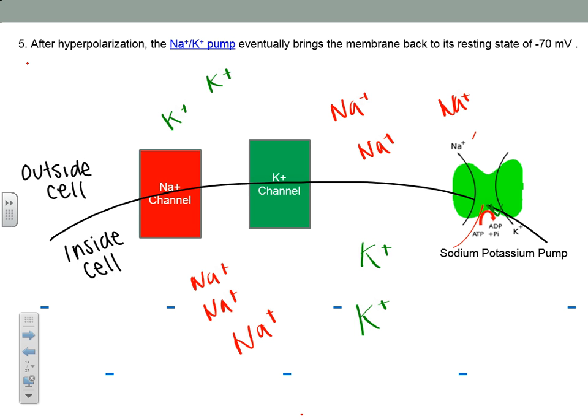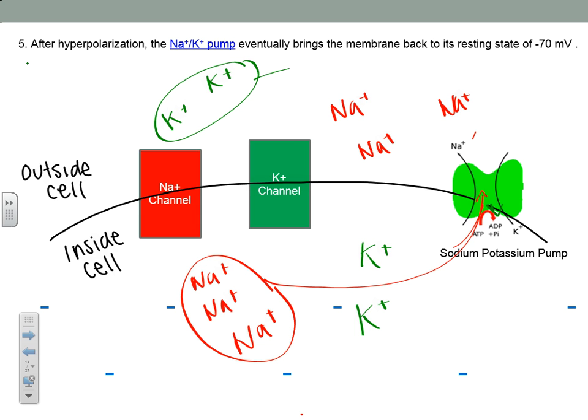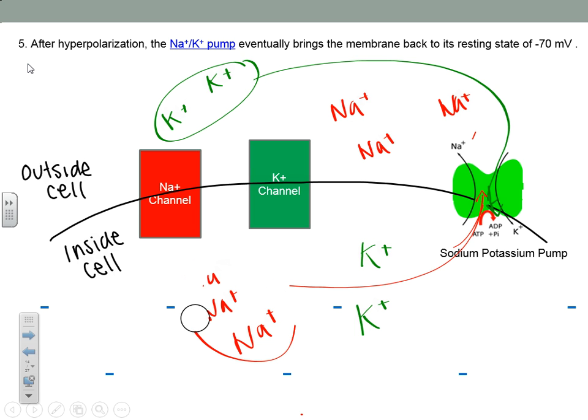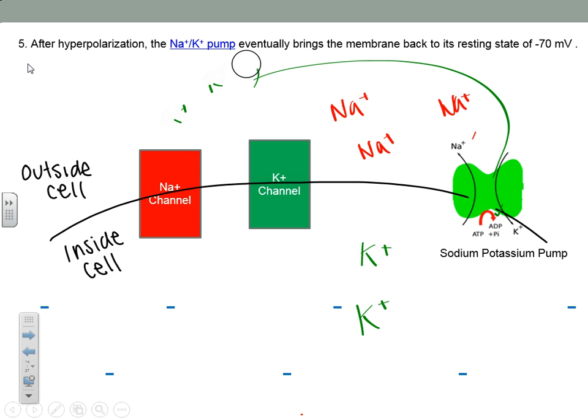So we're going to take these sodium, okay, so it's going to pump a 3-to-2 ratio. I'm going to take these 2 guys, move them out. So if we're moving 3 positive charges out and only 2 back in, overall the inside of the cell is going to become negative again, more negative.